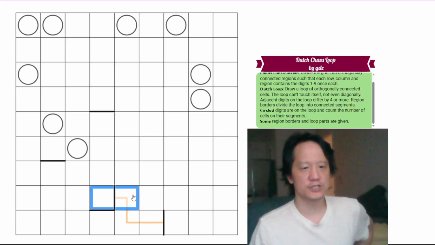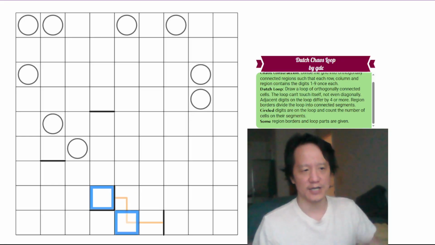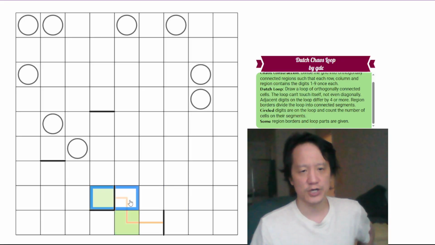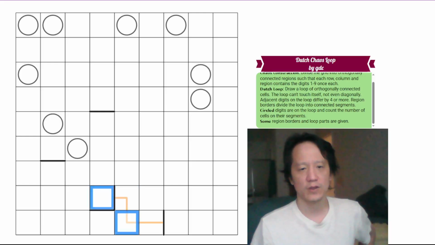And it cannot touch itself diagonally, except if it shares a neighbor with another cell on that loop. So, for example, these can share a corner because they share a neighbor here, right? And obviously, these share a corner because they share an edge, so that's valid.